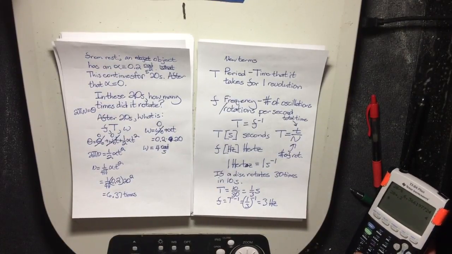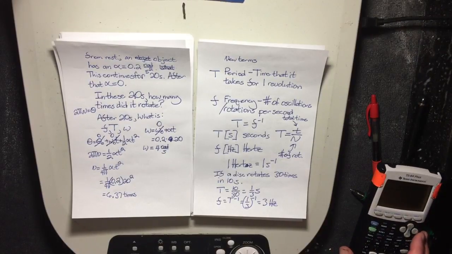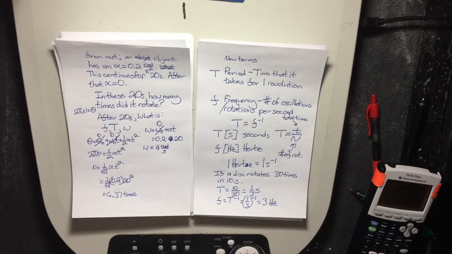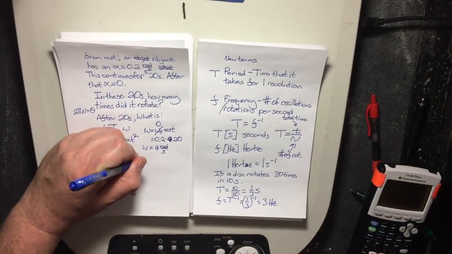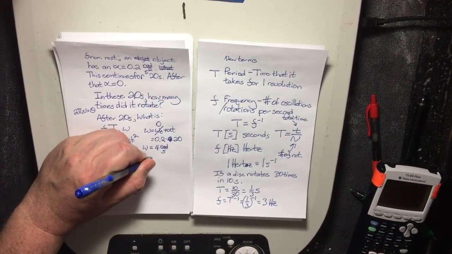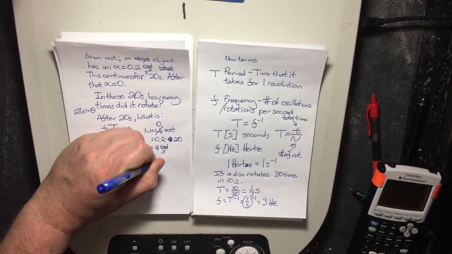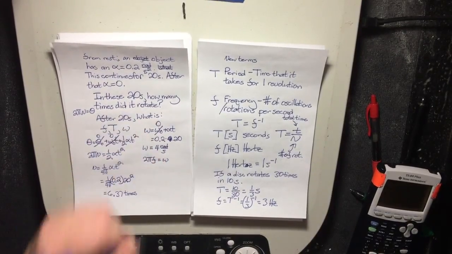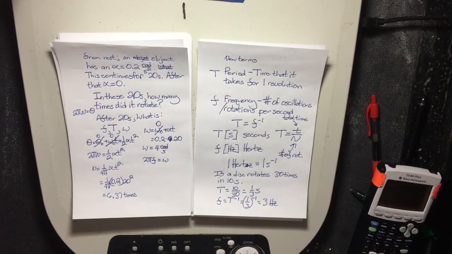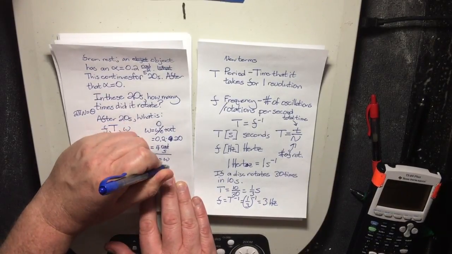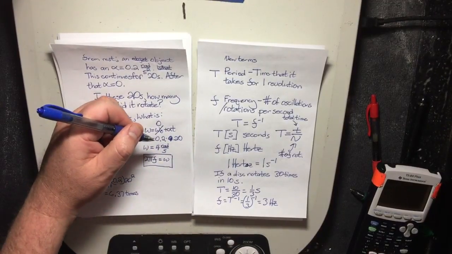Now that we have omega, we've got to find period and frequency. That requires an equation, and that equation is 2 pi f is equal to omega. That is how one converts from angular velocity to frequency and back again.